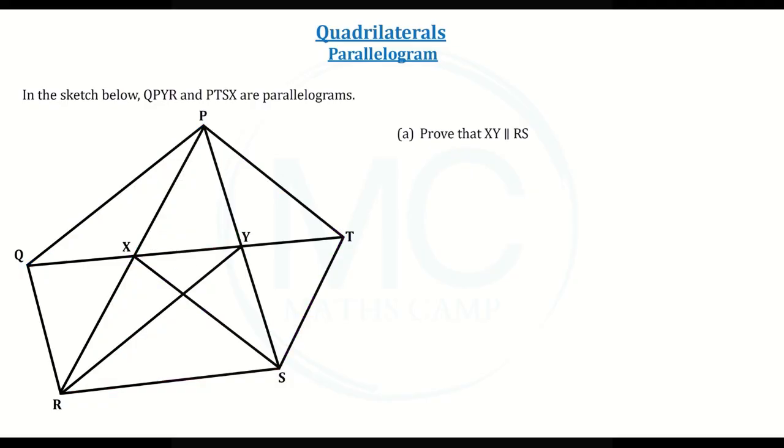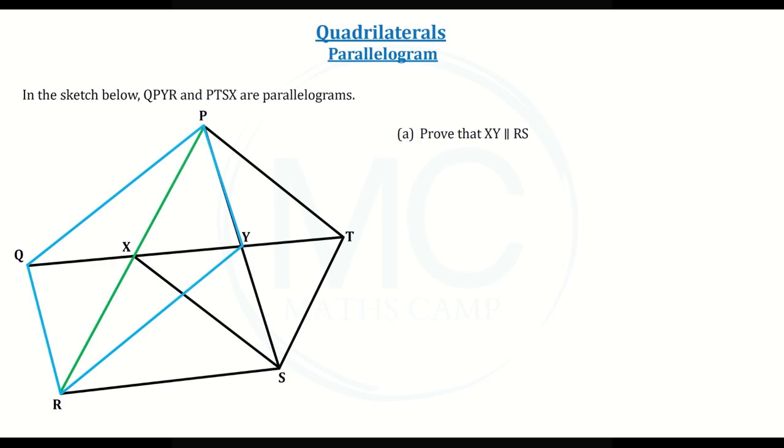The question gives us information to help us find our answers. The question tells us that QPYR is a parallelogram. So once again, let's make this parallelogram blue. Now let's look at PR. Once again, let's make it green. PR is a diagonal of parallelogram QPYR.